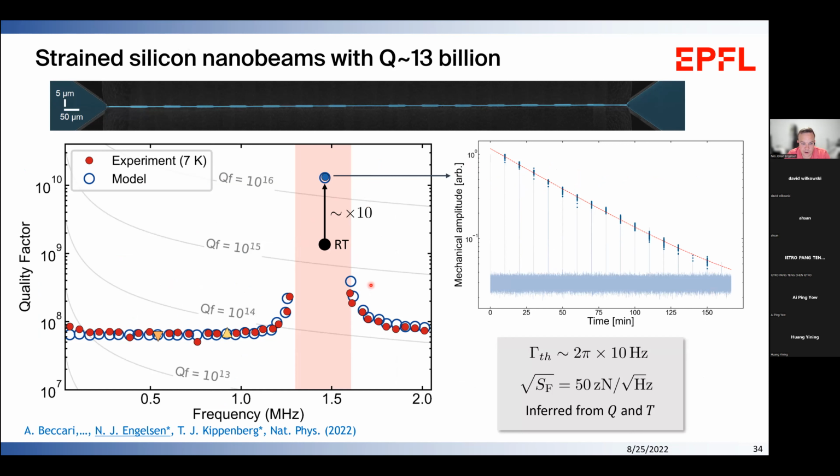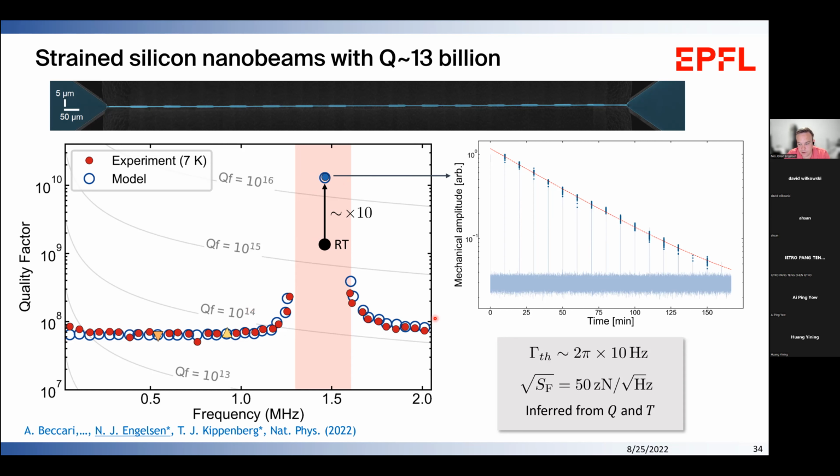You can see here very clearly the effect of this soft clamping with the phononic crystal. So all the modes outside the bandgap have Qs of almost 10^8, or exceeding it a little bit as we approach the bandgap, while the mode inside the bandgap has a Q here of 13 billion.